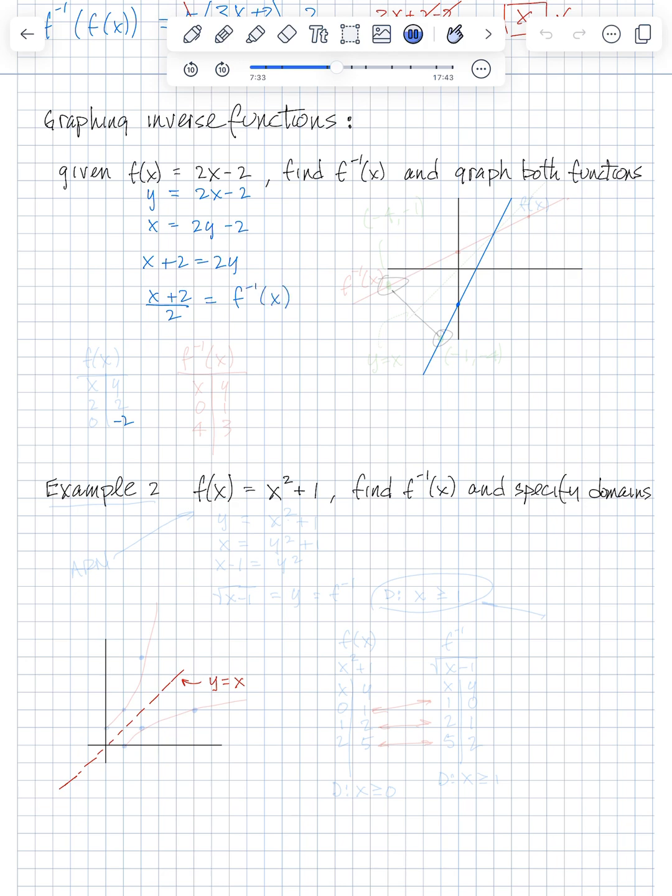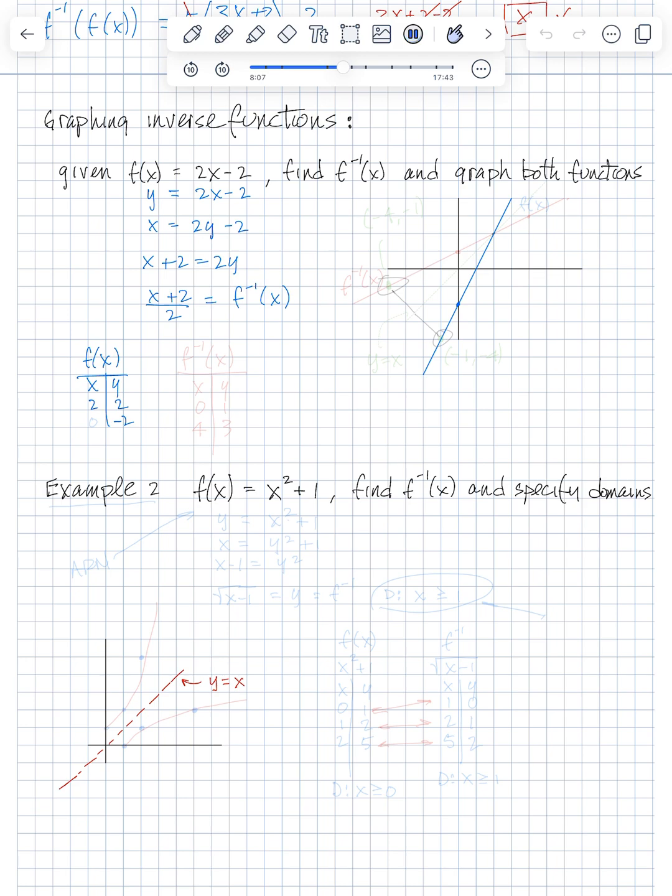And so we want to graph both of them. Let's start with an xy table for f of x. We only need 2 values, so for f of x, when x is, let's say, 2, 2 times 2 is 4 minus 2, so when x is 2, y is 2.